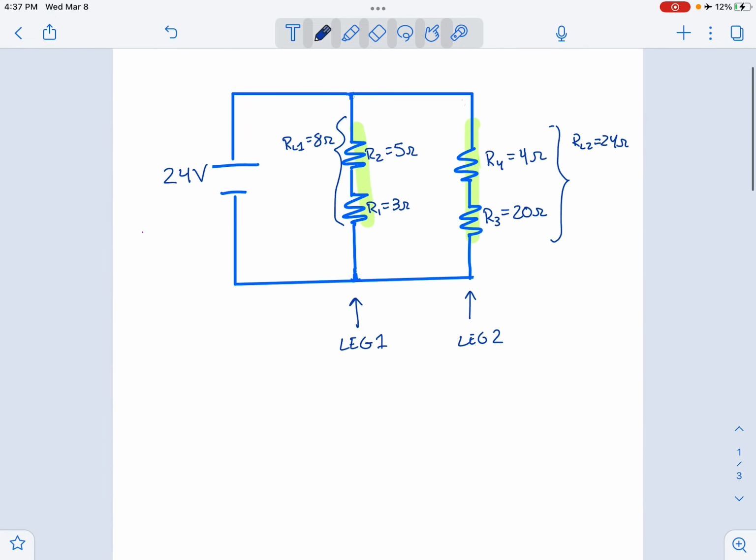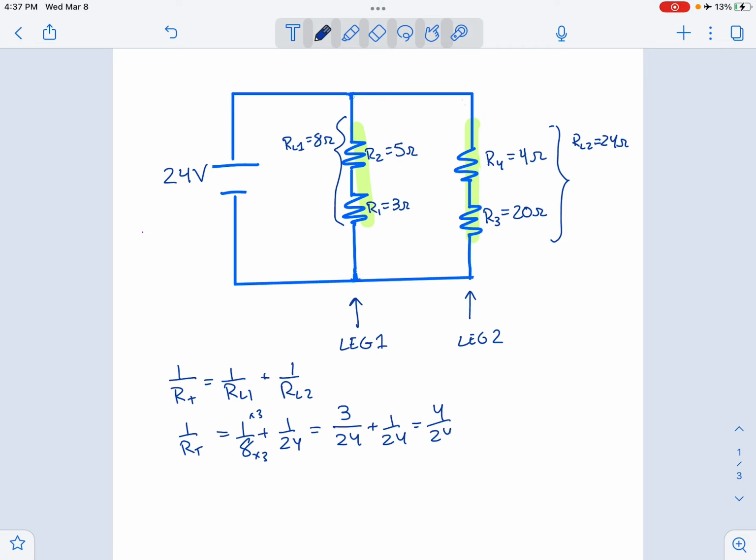So if we want to find the total resistance of the circuit, we can say 1 over RT is 1 over the resistance of leg 1 plus 1 over the resistance of leg 2. That's 1 over 8 plus 1 over 24. So we need to find a common denominator. The common denominator here would be 24. So we multiply the top and bottom by 3. So this would be 3 over 24 plus 1 over 24.